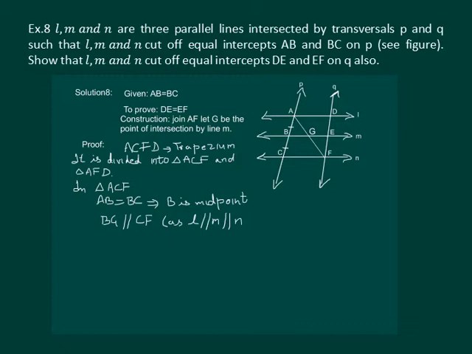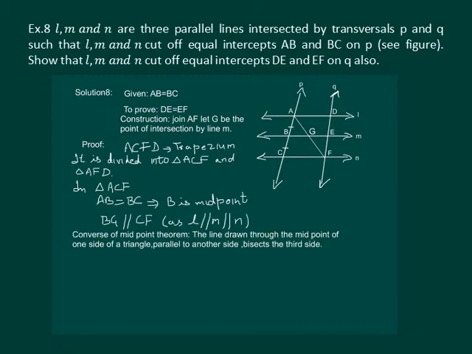Now from the converse of the midpoint theorem we know that the line drawn through the midpoint of one side of a triangle parallel to another side bisects the third side. And in triangle ACF, we have proved that BG is the line which is passing through the midpoint of AC, and it is also parallel to CF. So, this would imply that G is the midpoint of AF.